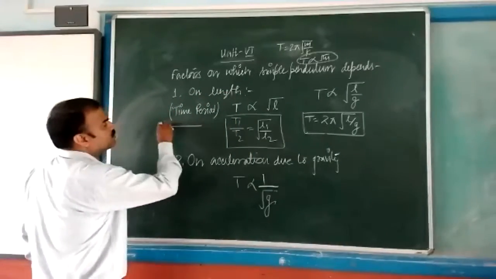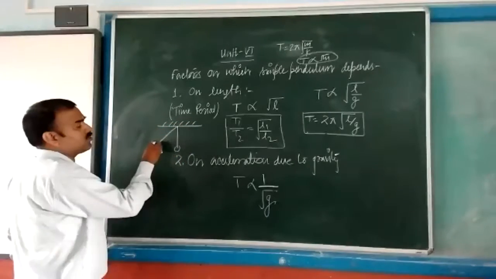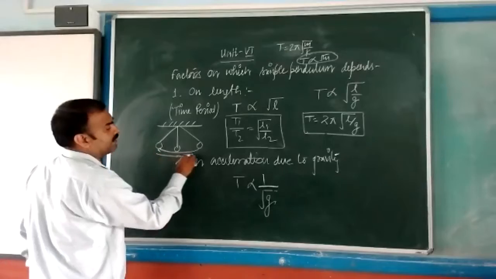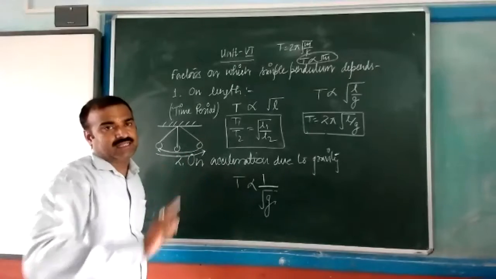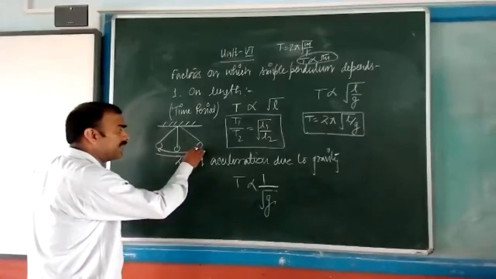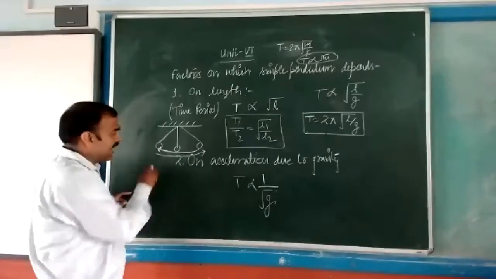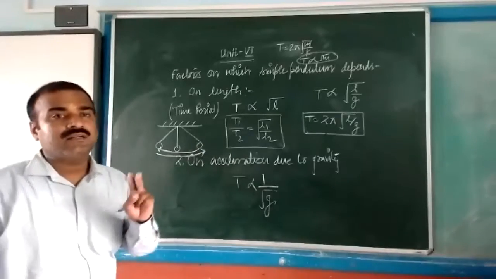See, this one is the pendulum. It is going to oscillate like that, from here, then again here. Like that it is going to complete one oscillation. From here to here, pi, 180 degree. And from here to here again, pi. How much? 2 pi.